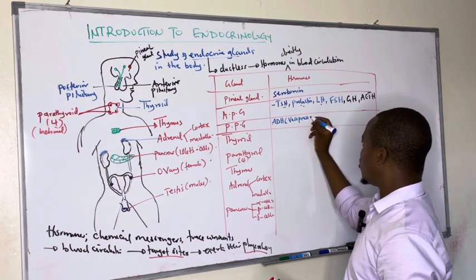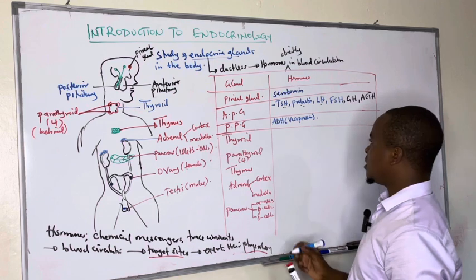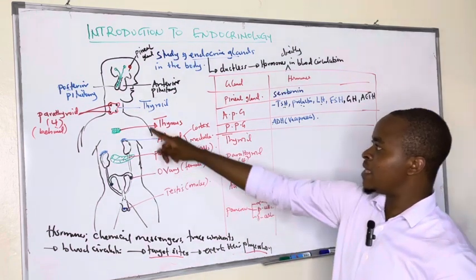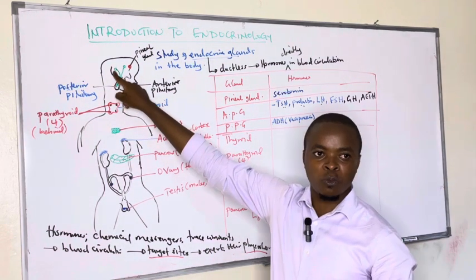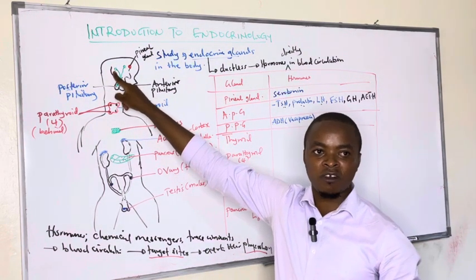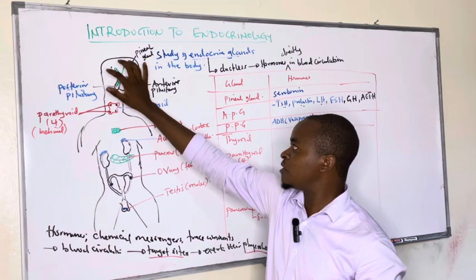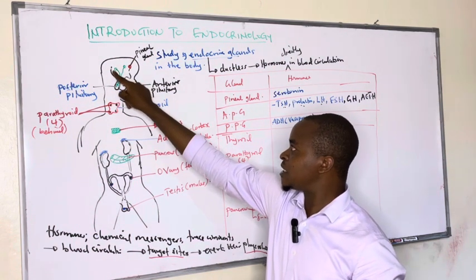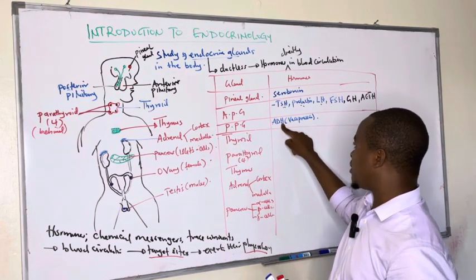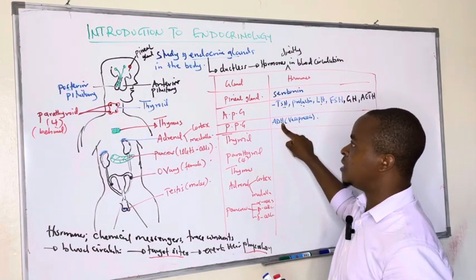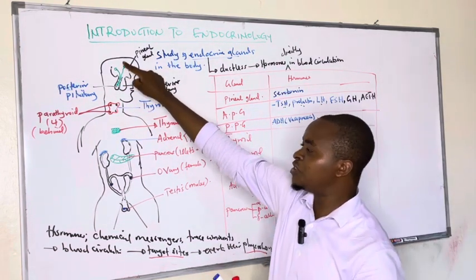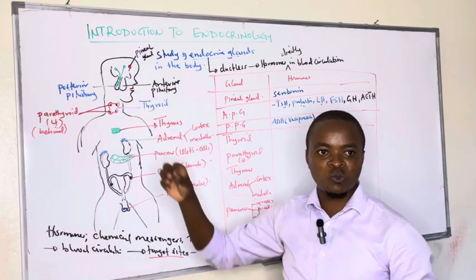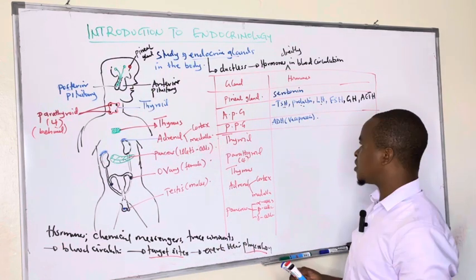This vasopressin hormone is produced by the supraoptic nerve of the hypothalamus. This is the hypothalamic region; the whole of this is the hypothalamus. So the supraoptic nerve produces antidiuretic hormone, or vasopressin, whereas the paraventricular nerve is the one producing oxytocin.